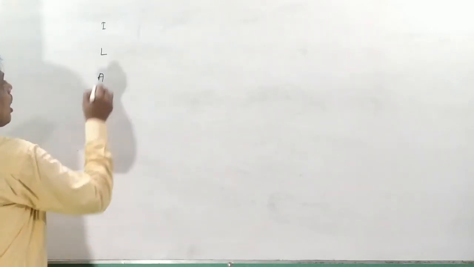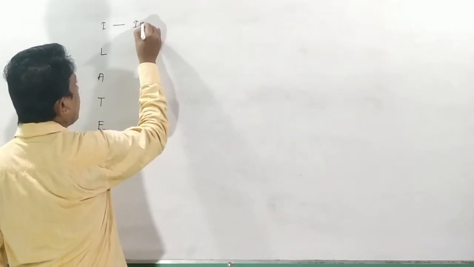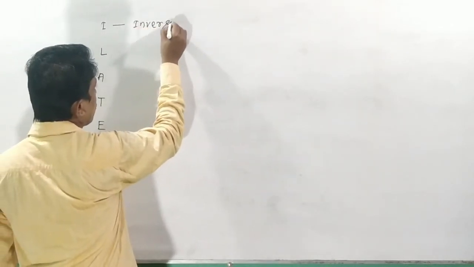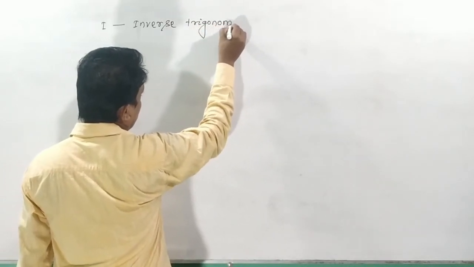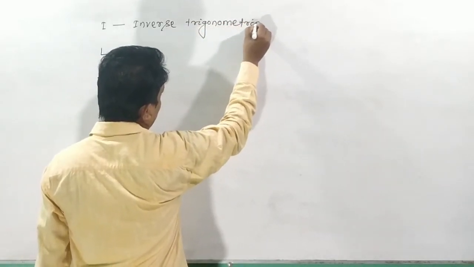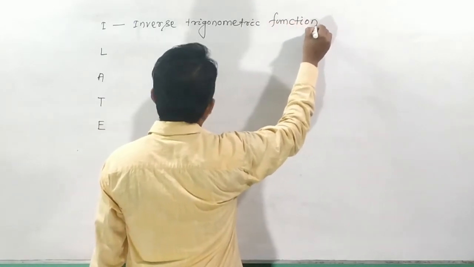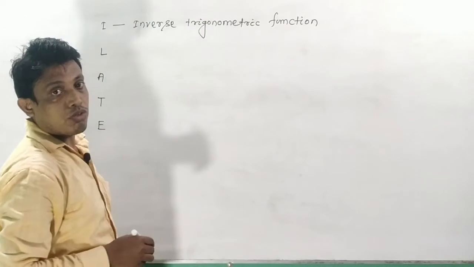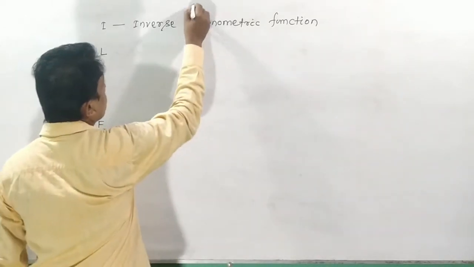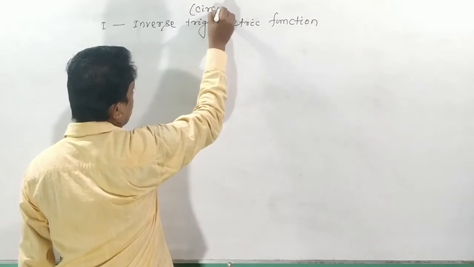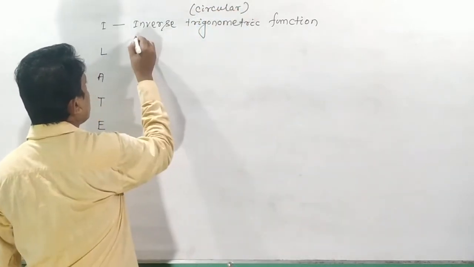ILATE. What is I? I stands for inverse trigonometric functions. Inverse trigonometric functions are also known as the inverse circular functions. Which are these?